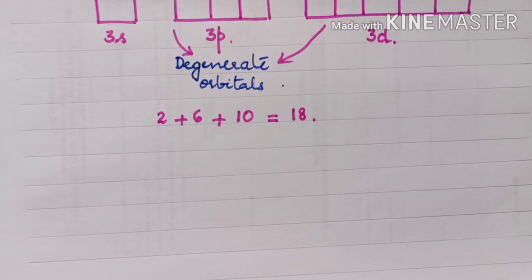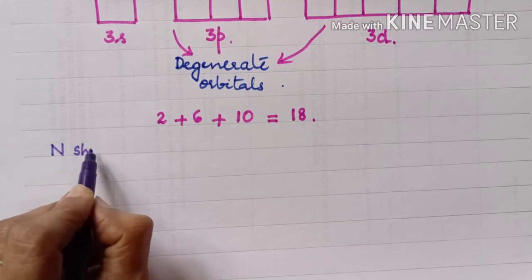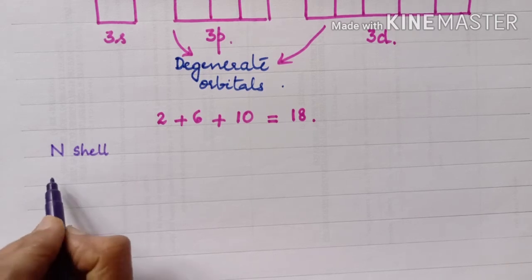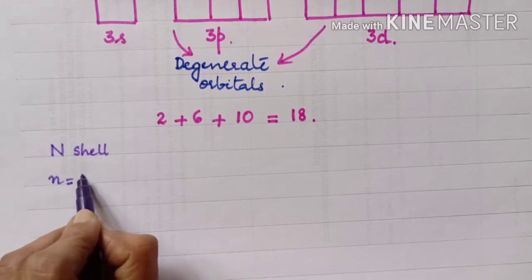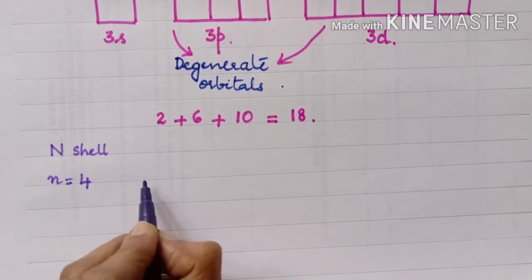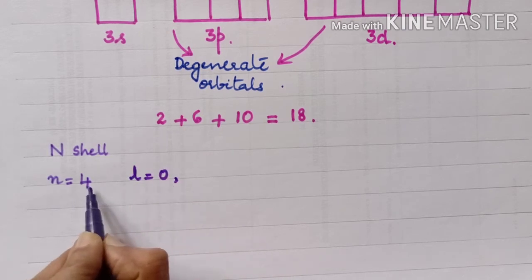So tell me, what are the possible quantum numbers for the N shell? If it is N shell, we have N value equal to 4. When N value is 4, what are the possible values for L? It starts from 0 and it ends with the value 1 less than the N value.